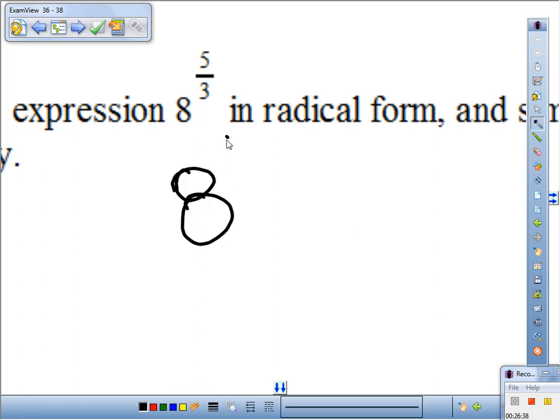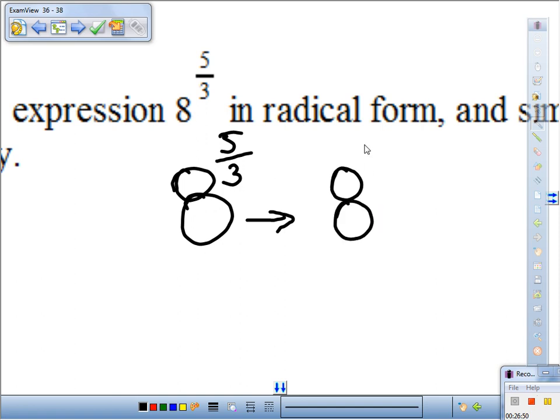8 to the 5/3. Well, first of all, we need a fraction where the numerator is what? 1. So I'm going to rewrite this as 8 to the 1/3 power. However, the power also needs to be multiplied, to the 5th power.